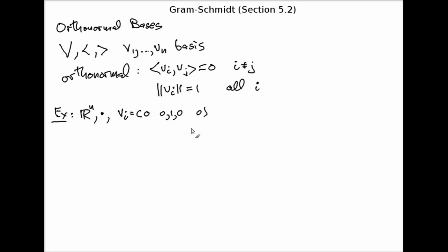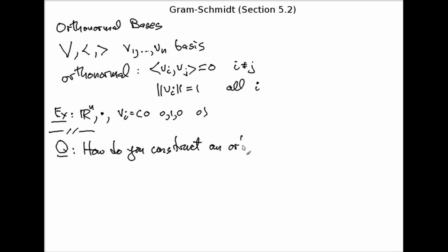So last time I talked about some generalities about orthonormal bases and gave some idea about constructing them. And that's kind of a warm-up for today, which is to answer the following question. How do you construct an orthonormal basis?